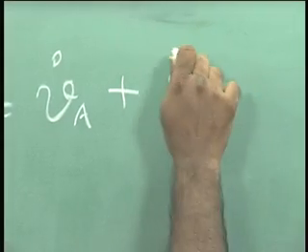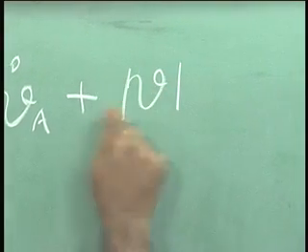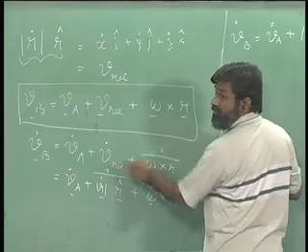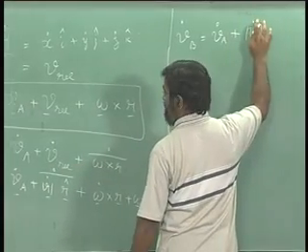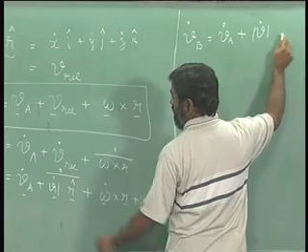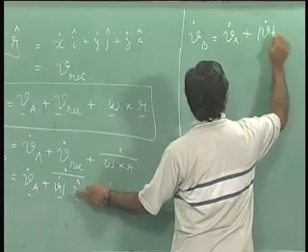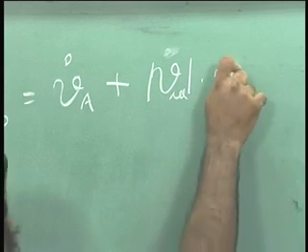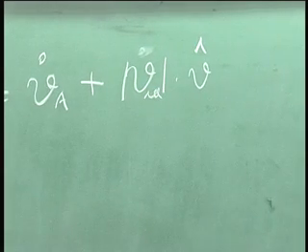I have V dot magnitude. Let me write it like this: V relative magnitude times V direction.